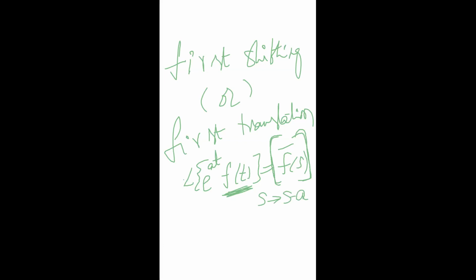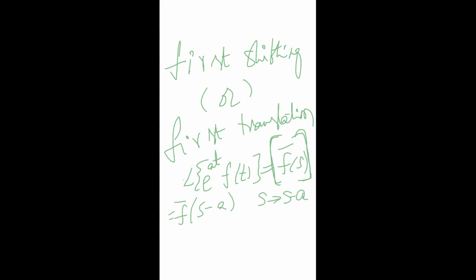Suppose the given question is e power minus at, so minus a is given in the problem. Then we replace s by s plus a. But I am taking e power at in the question, so I write the opposite sign, s tends to s minus a. So f bar of s is converted to f bar of s minus a.